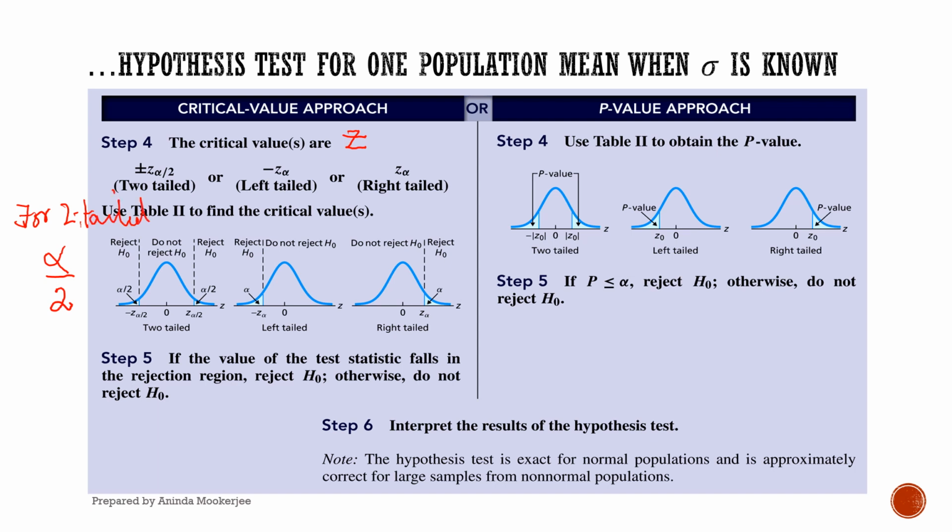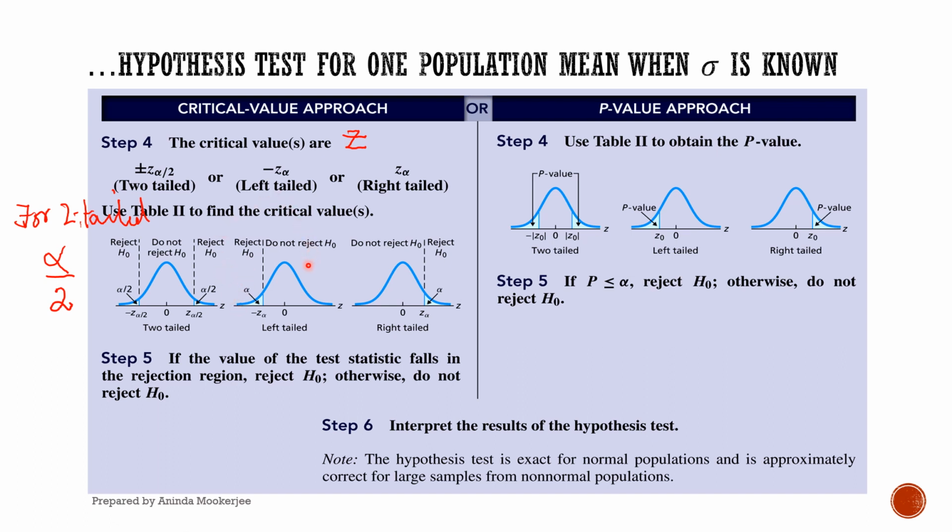All right, and then once you find your critical value, you will bring your test statistic and see where it falls relative to that cutoff. If it falls in the reject region, then we reject the null hypothesis.